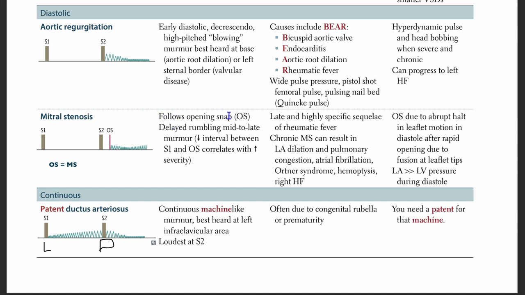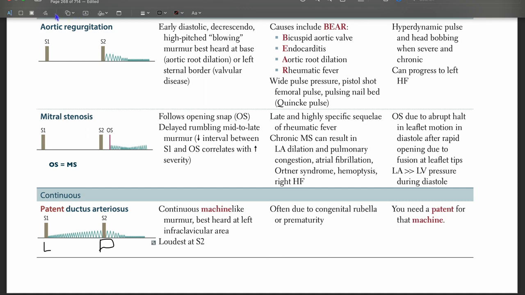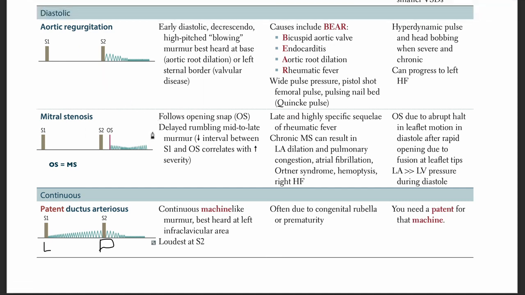So follows opening snap, delayed rumbling mid to late murmur. Decrease in interval between S1 and OS correlates with increase in severity. So the closer this one gets to S1, because S1 is on this side, so this would be S1 again.